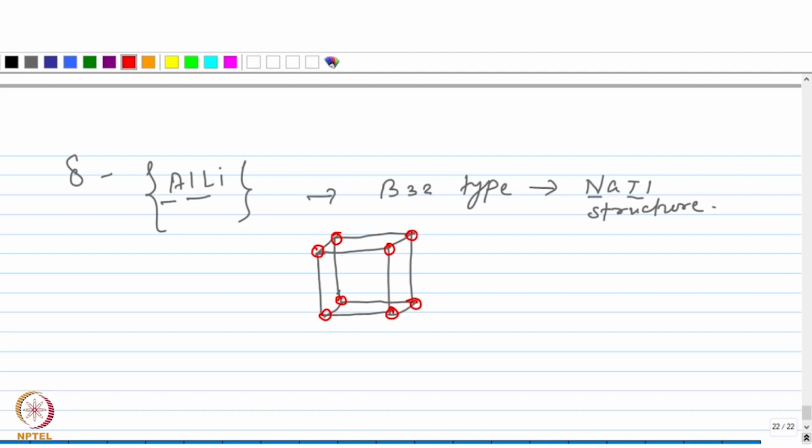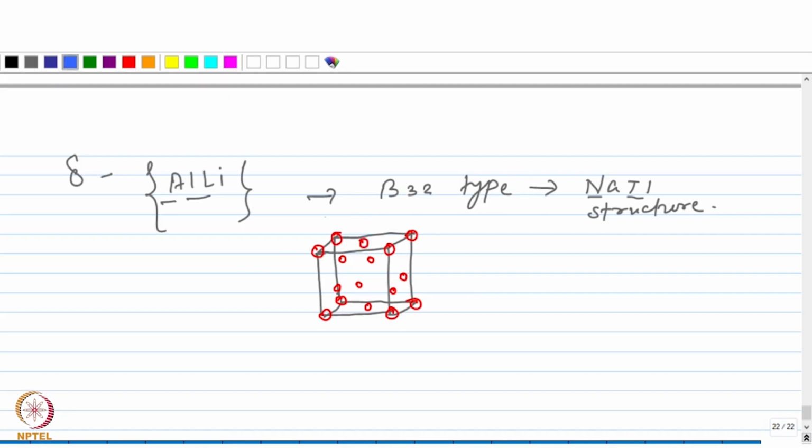Lithium in a diamond cubic lattice. And to describe the position of aluminium atoms, you can simply take them in between the lithium atoms.